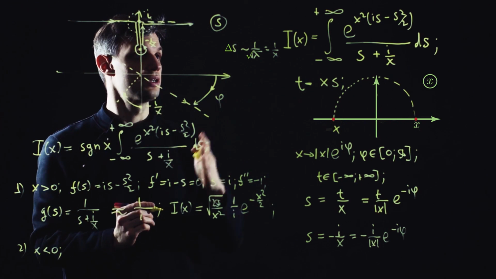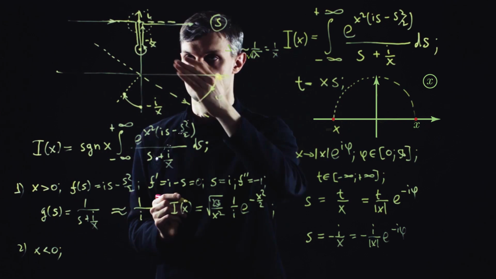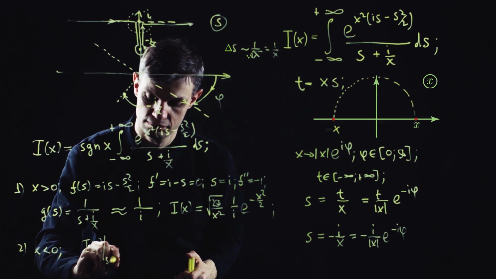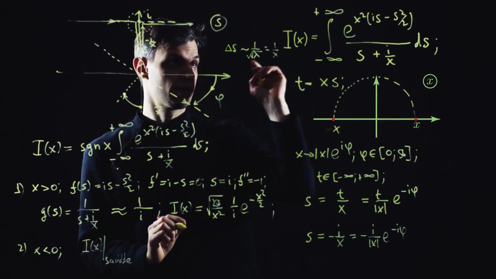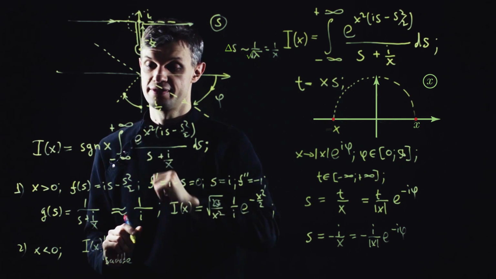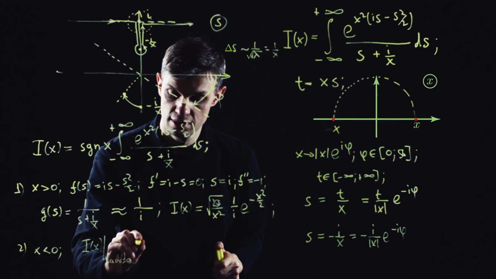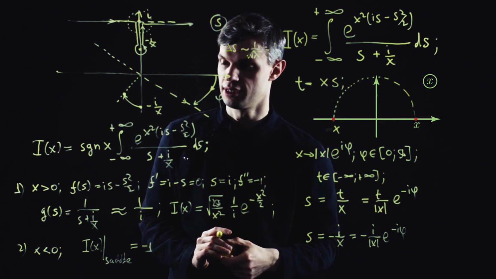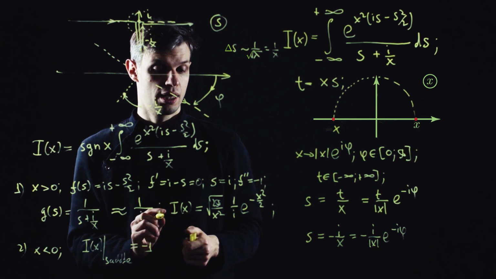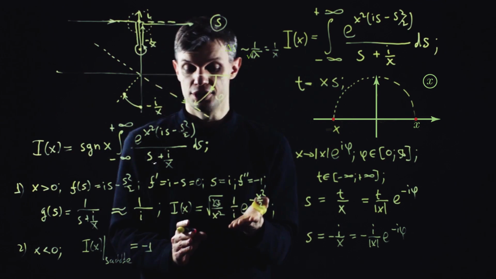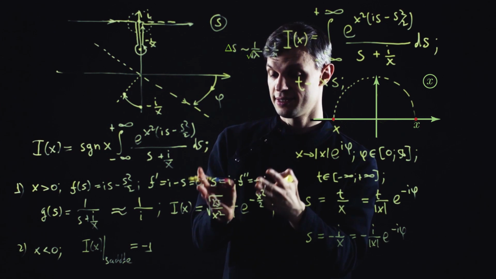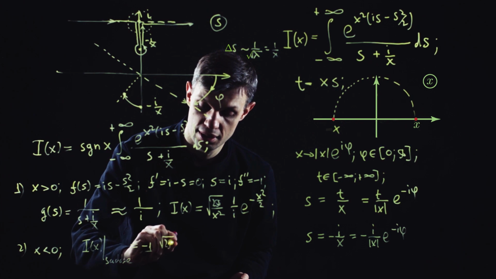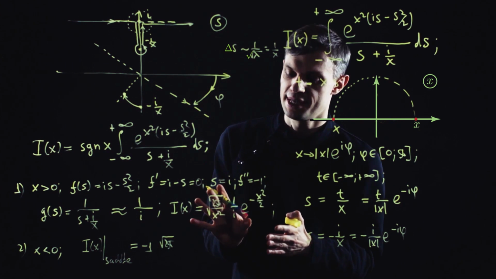Let's first compute the contribution which comes from the saddle. Let's keep in mind that now there is a negative sign of x, so minus 1, due to the negativeness of x in front of the integral. And the rest of the contribution just stays exactly the same. So it's square root of 2 pi. But now, some subtlety here.